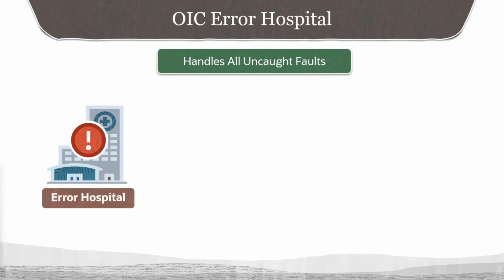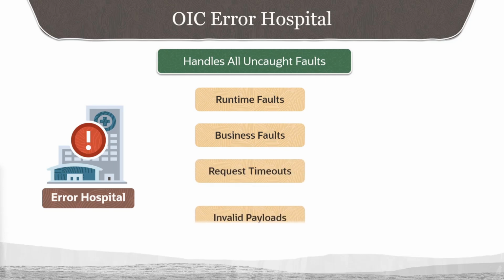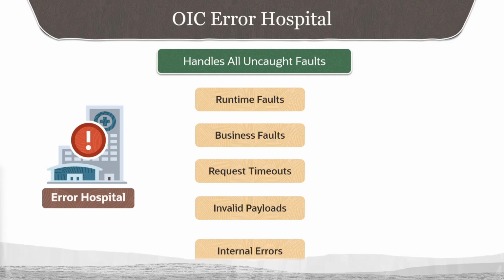This will include any fault that happens. For example, an explicit runtime or business fault thrown when invoking an external service or system, or a runtime fault that occurs within the integration cloud, such as a request timeout or an invalid payload being processed. Internal processing errors are also caught, such as when you have incorrect data mapping logic that fails at runtime, or attempting to call a JavaScript function with invalid data.